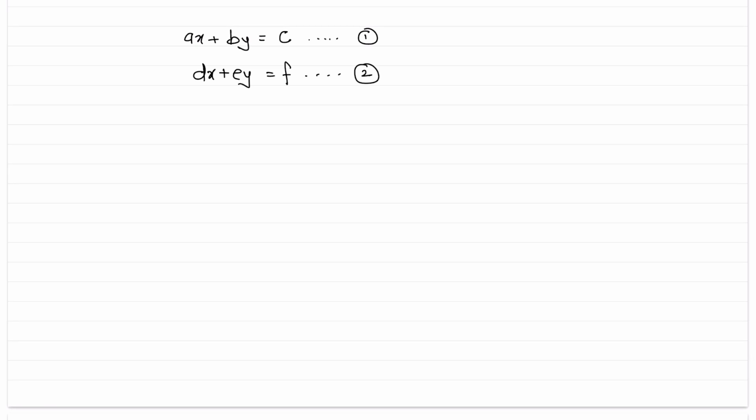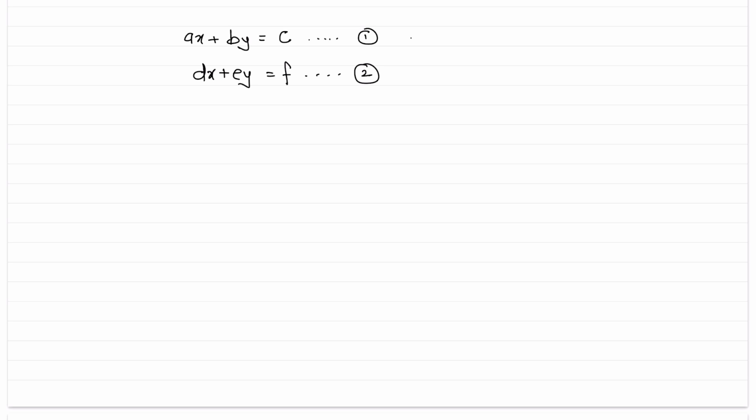From these two equations, to solve them, to find the point of intersection of these two lines, we require the values of x and y, whereas a and b are the components of x and y, and d and e are the components of x and y in the second equation. Now we have to find the values of x and y to find the point of intersection.